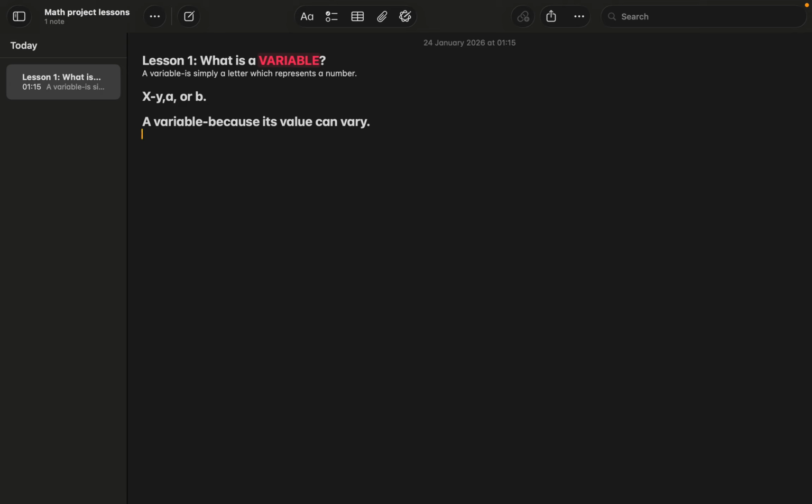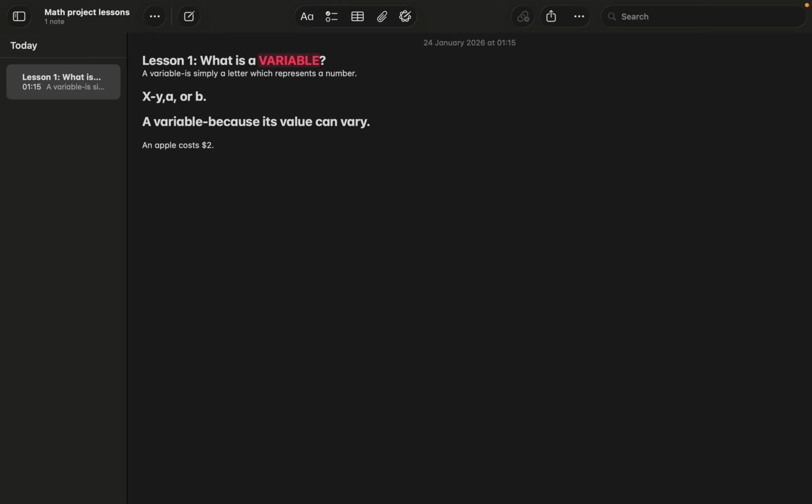So let's look at a simple example. Imagine you are buying apples. One apple costs $2, let's say. So if you buy one apple, you pay $2, right?